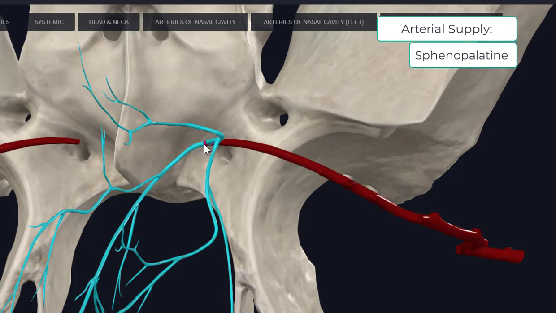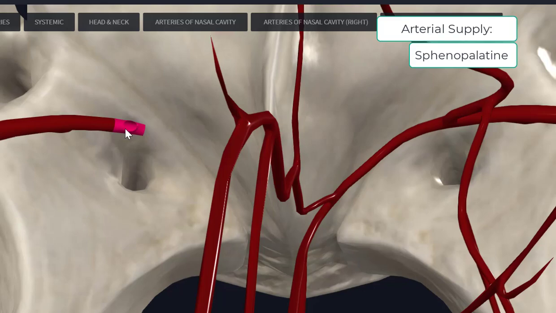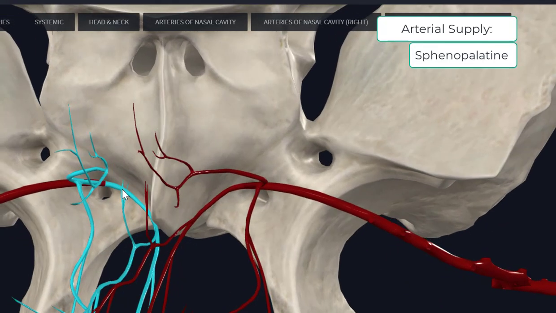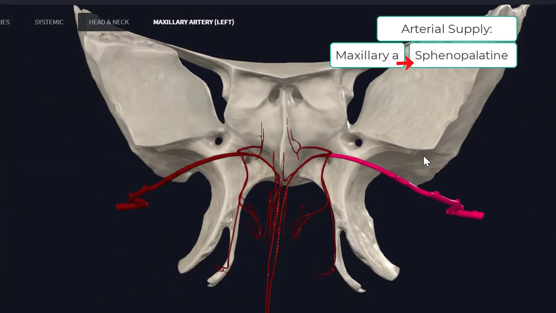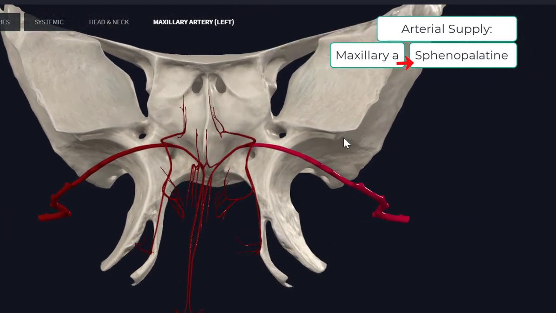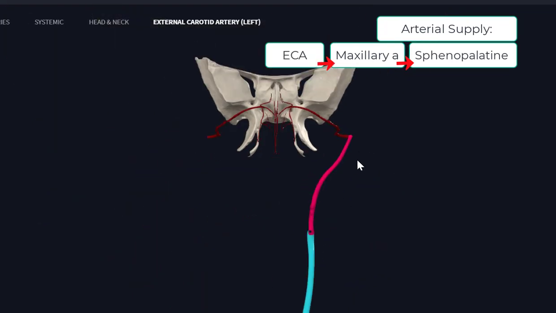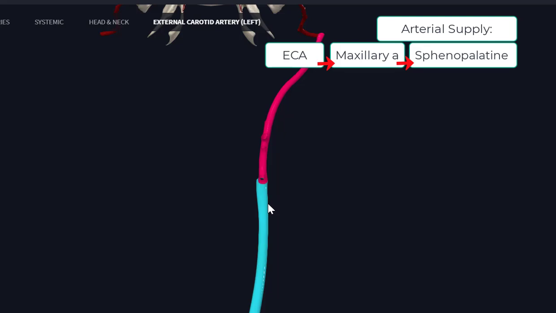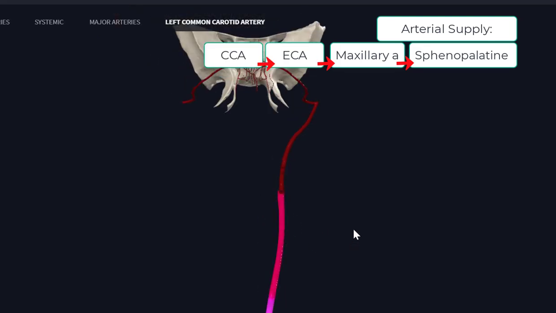Now, interestingly, this sphenopalatine artery, which is present on both sides, originates from the artery called the maxillary artery. Actually, the maxillary artery originates from the external carotid artery, which is a branch of the left common carotid artery in this case.